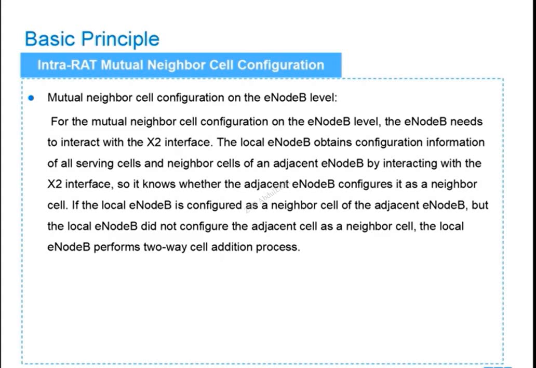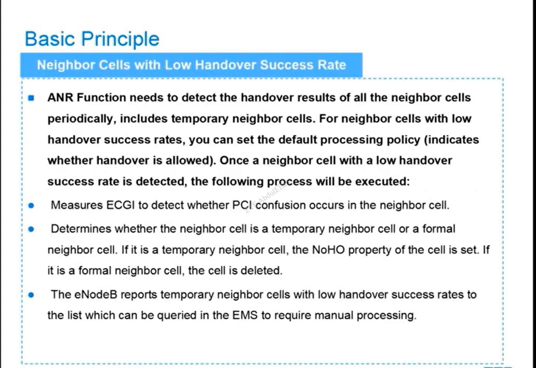So it knows whether the adjacent node B configures it as a neighbor cell. If the local node B is configured as a neighbor cell of the adjacent node B, but the local node B did not configure the adjacent cell as a neighbor cell, the local node B will perform the two-way cell addition process.